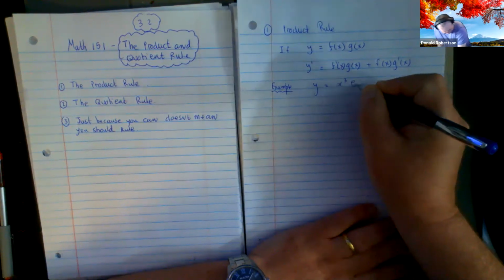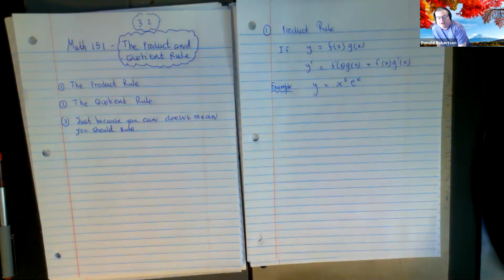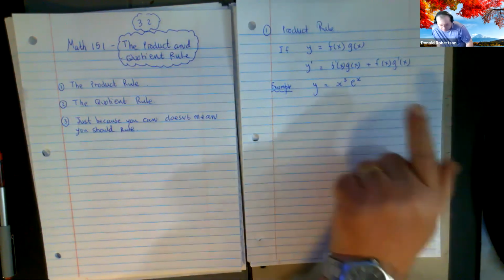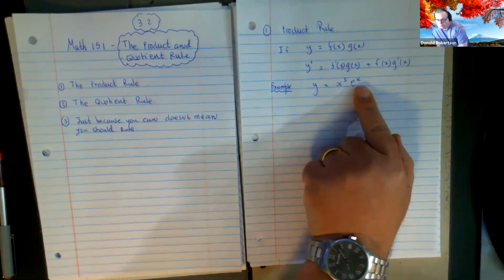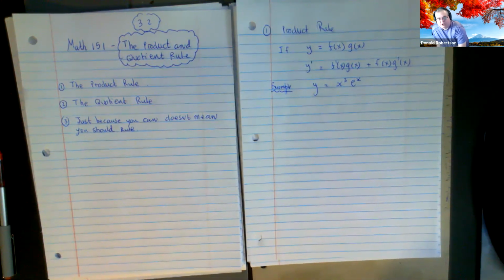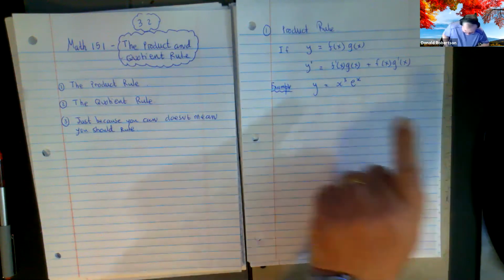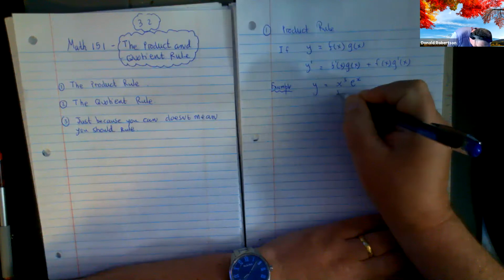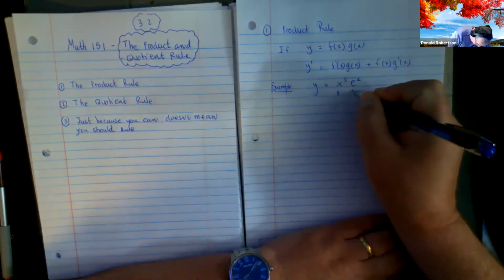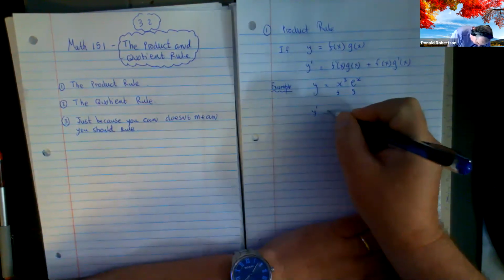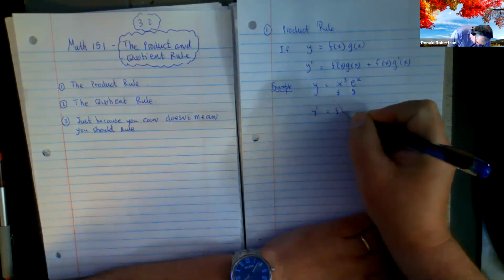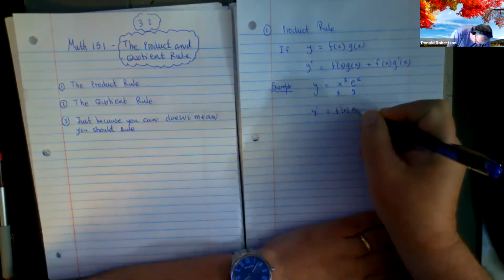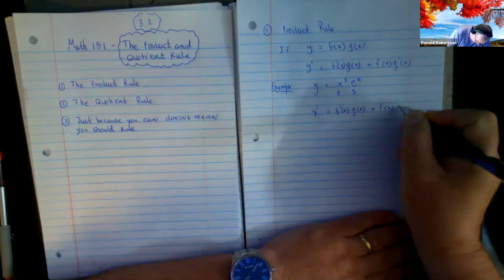I would like to know the slope of the tangent line to that curve at any value of x. Well, I cannot use the power rule because they're multiplied together. They're two things. So what you do is you identify who the f and the g are, and then you can do the formula f dashed of x, g of x, plus f of x, g dashed of x.